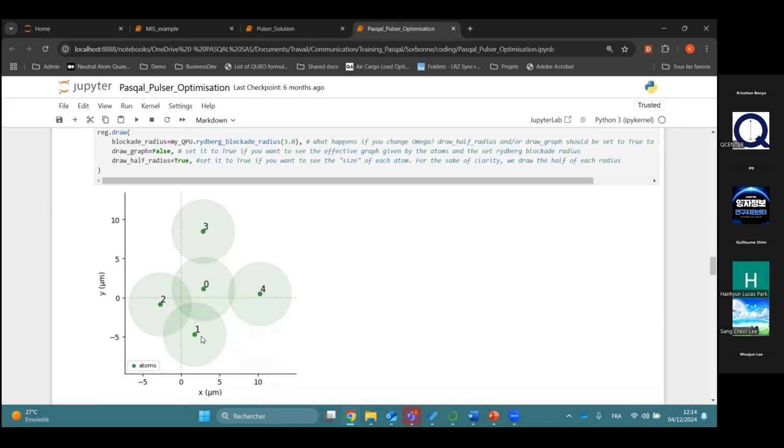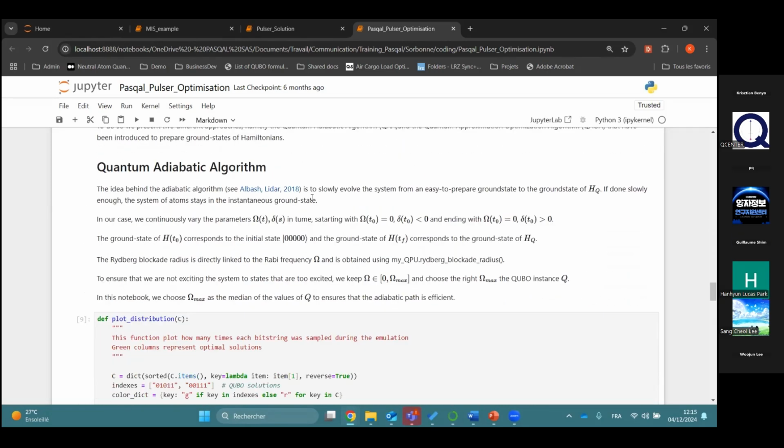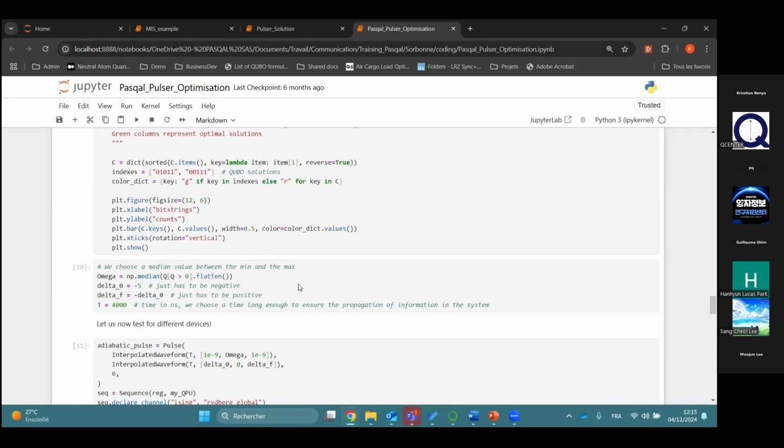Again, the idea was that once you're given your Kubo matrix, you will use that Kubo matrix to find the appropriate geometry, to find the correct encoding of the atoms so that the matrix that arises from the geometry itself, the two-body interaction terms Hamiltonian, corresponds as close as possible to your given matrix. And then the task is simply to find a proper ground state of the system, for which we can simply build an adiabatic evolution type algorithm.